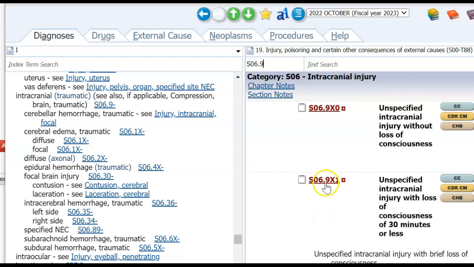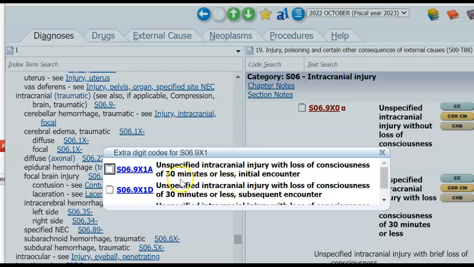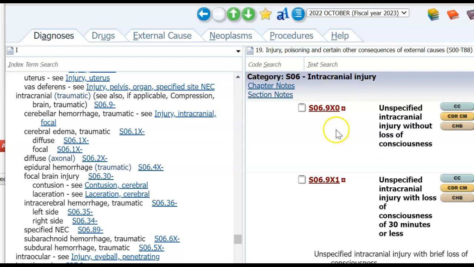So I don't know if you put in your 7th character right away, but keep in mind, this is my 7th character A because it's the initial encounter. So I have S06.9X1A.